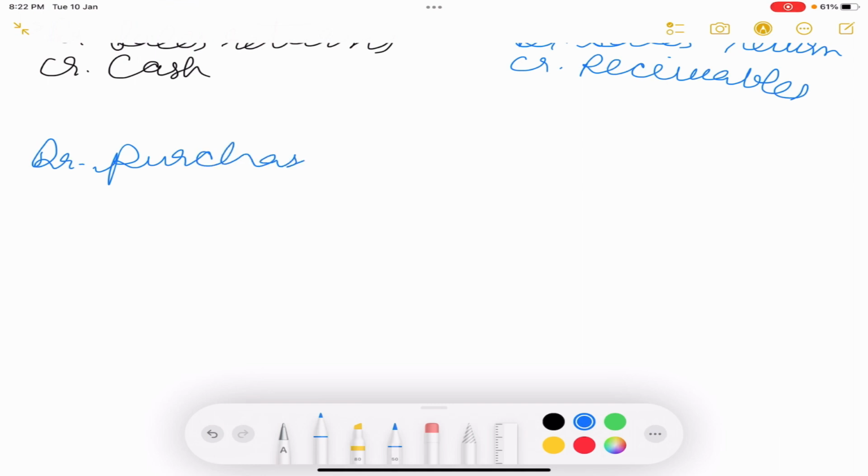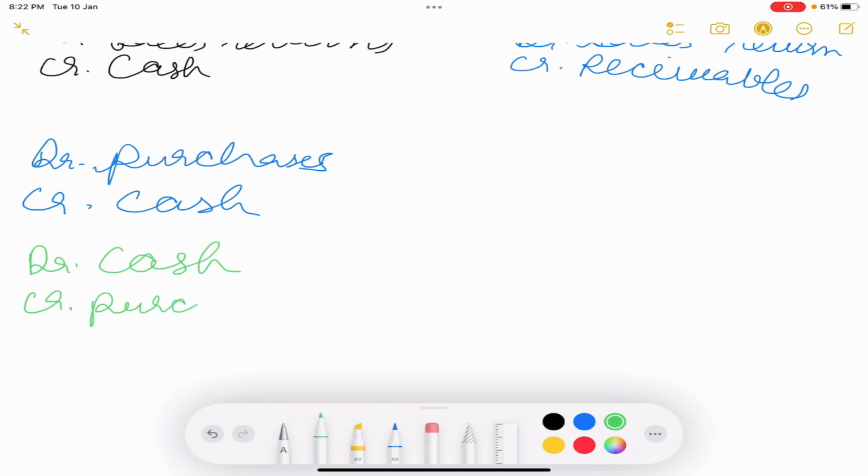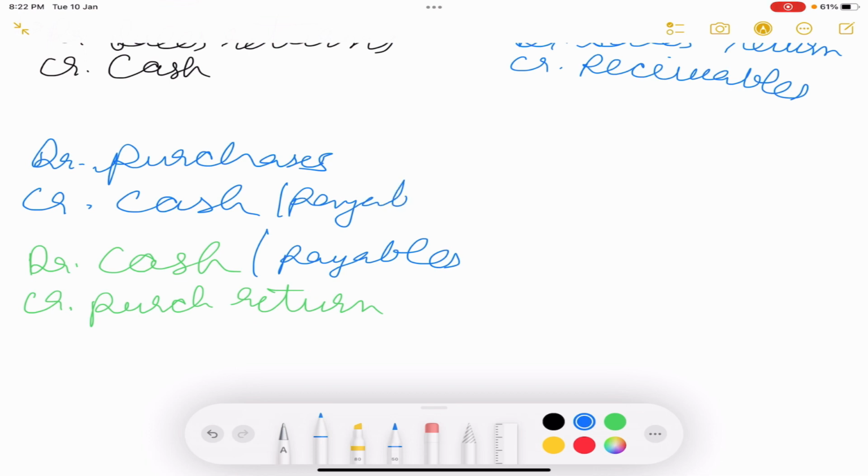Debit purchases and credit cash because cash goes out, and if I have to return my purchases, cash comes in, so I'm debiting cash and crediting the purchase return. And the same way we will go about with the credit as well. I hope you are clear with these journal entries.